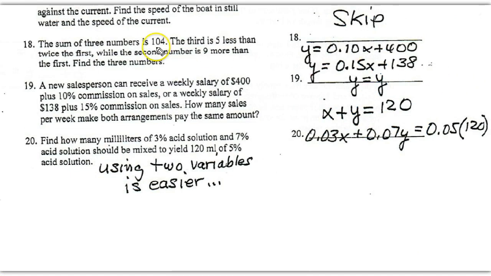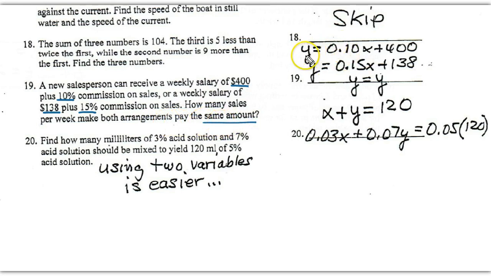Now, going on to the last 2, a new salesperson can receive a salary of this much plus 10% commission, or a weekly salary of this much plus a 15% commission. How many sales per week make both arrangements the same amount?